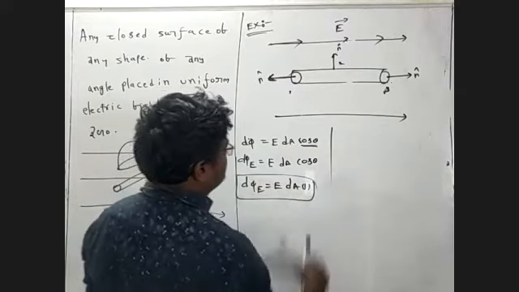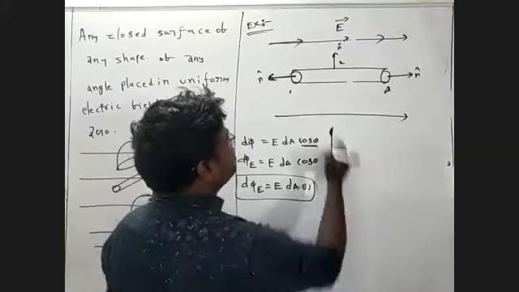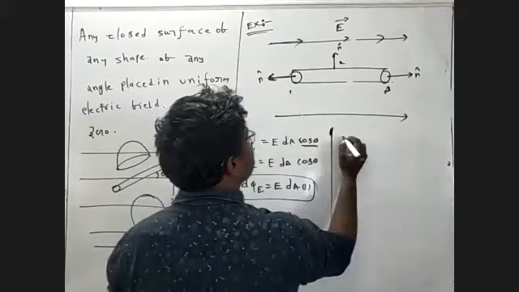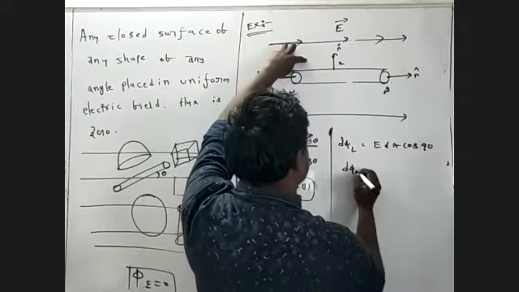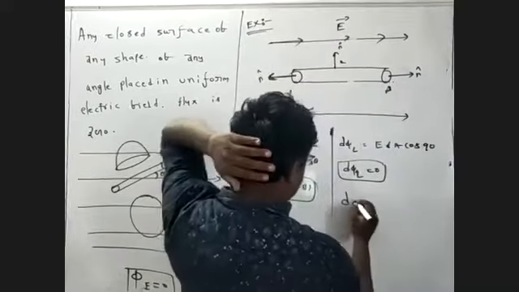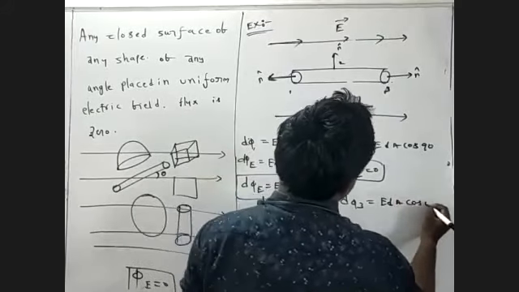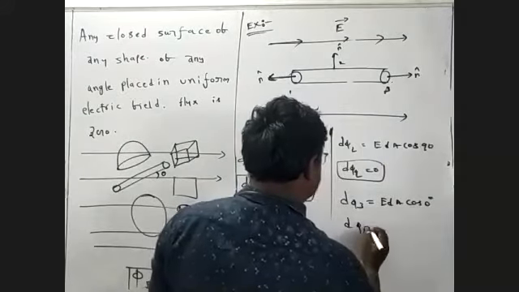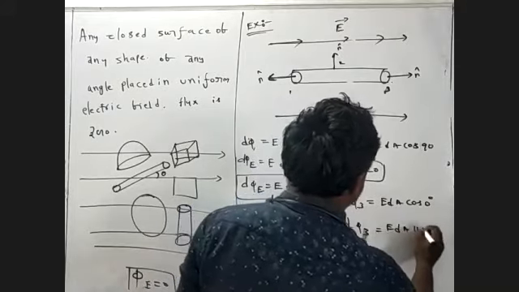Next, the second one: E dA cos 90, cos 90 means 0, so the flux is 0 here. Next, the third: d phi 3 is equal to E dA cos 0, which is 1.